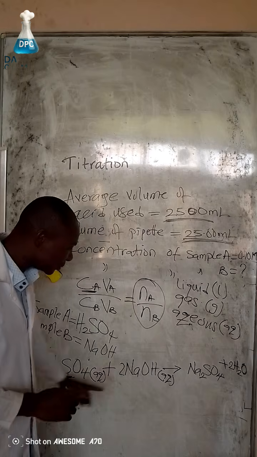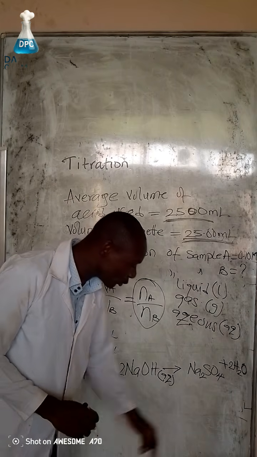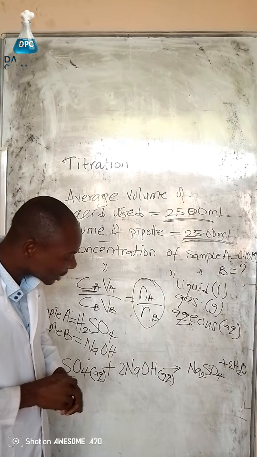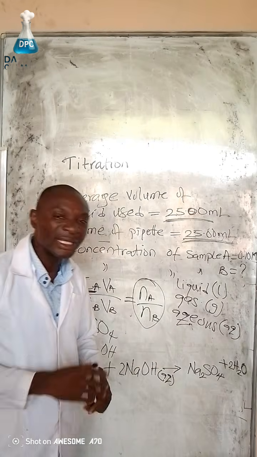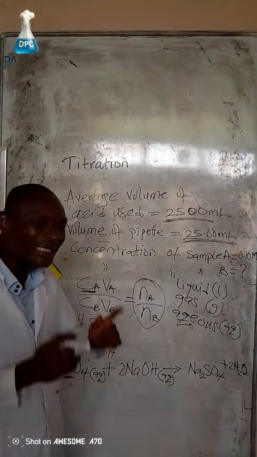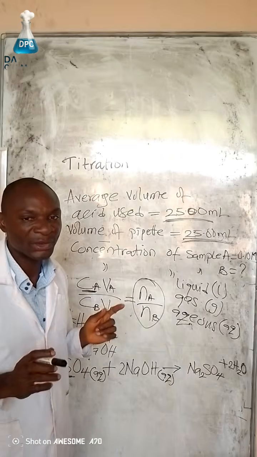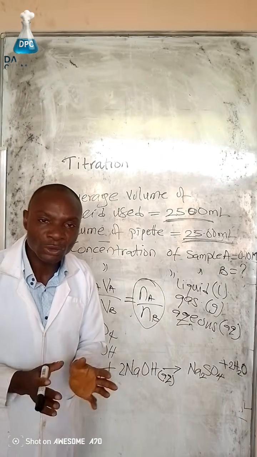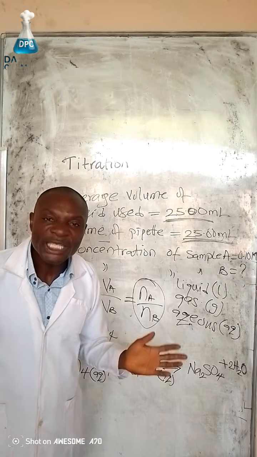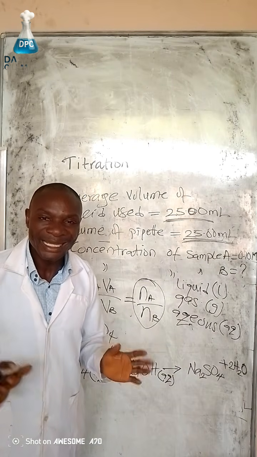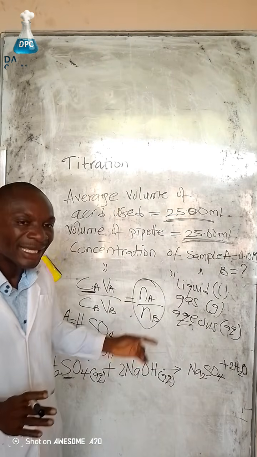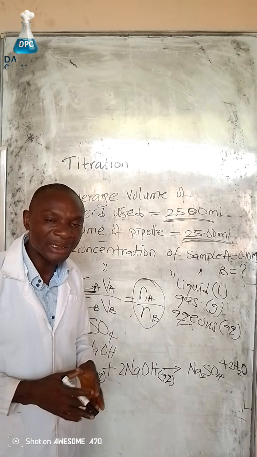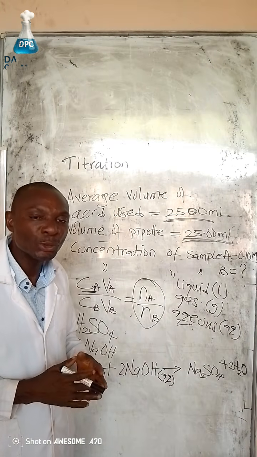Then you come to the product. These two reactants reacted and gave this product. And after the reaction, at the end of the titration, in the conical flask, you did not see any solid. It is still a clear solution, no precipitate formed. It means that the product is also soluble in water, soluble in aqueous medium.